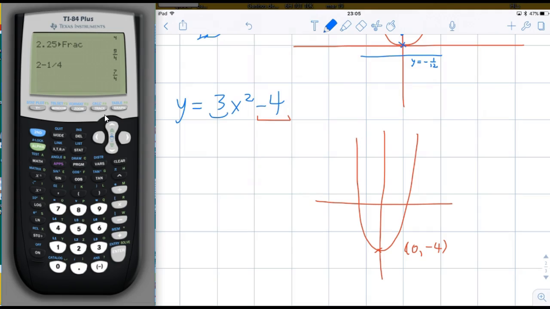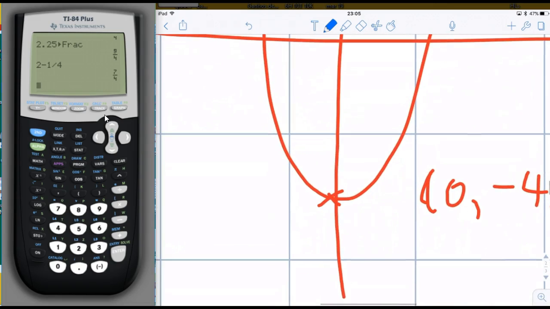Well, we have an a value of 3, so remember, if you have an a value of 3, that means that the p value is going to be 1 over 12, okay? And that means that the directrix and the focus are located 1 over 12 below and 1 over 12 above the vertex, okay?